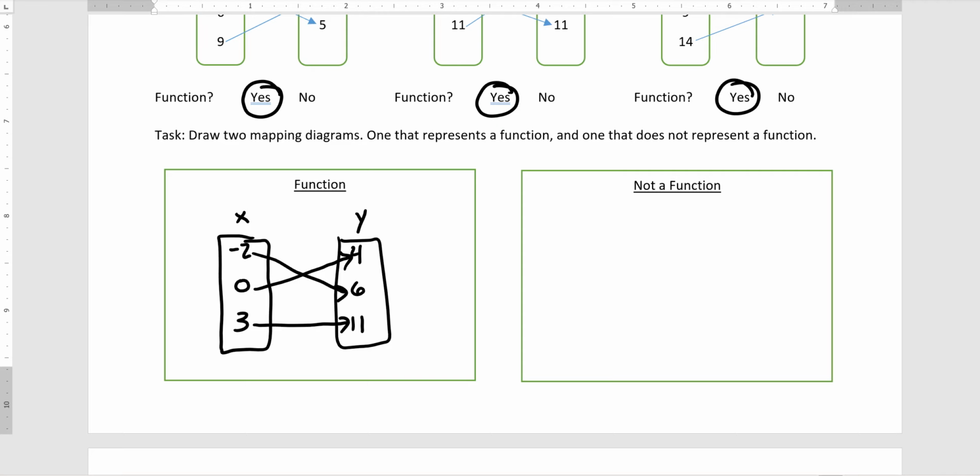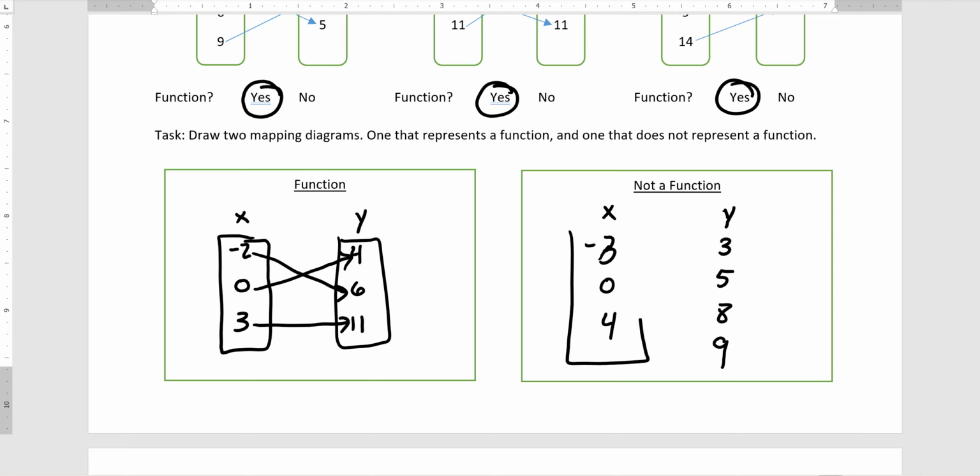Now, for not a function, we need something else. So let's say we have, what numbers? I need a negative here probably. Let's try -3, 0, and 4. Let's say that goes to 3, 5, 8, and 9.